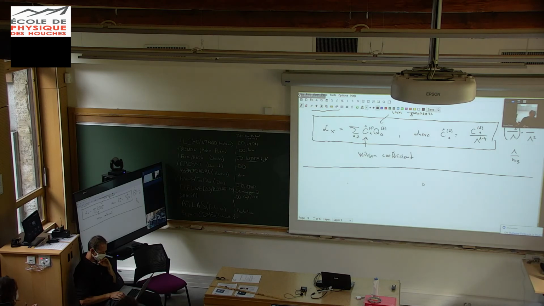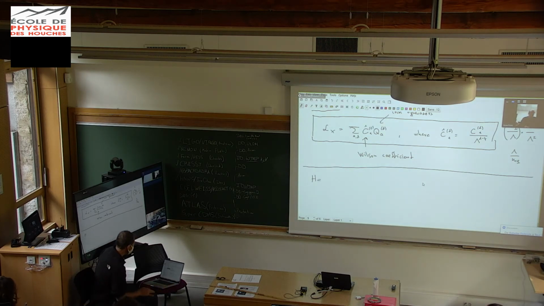the non-relativistic limit. And this non-relativistic limit of the dark matter, or of an elementary dark matter, has a name, and it's called heavy dark matter effective theory.